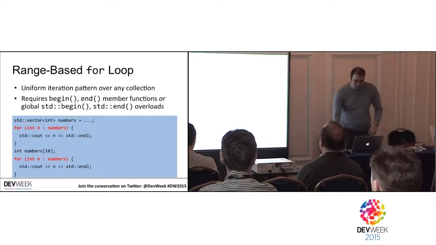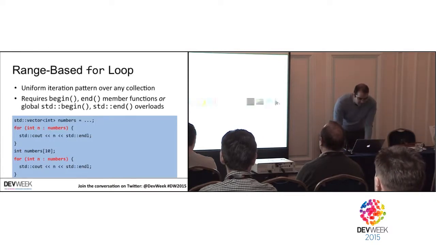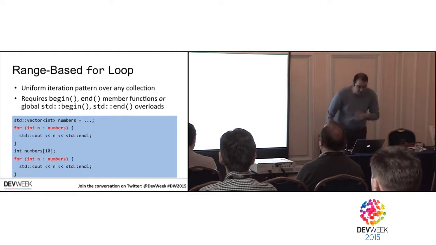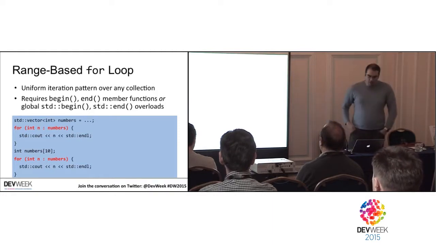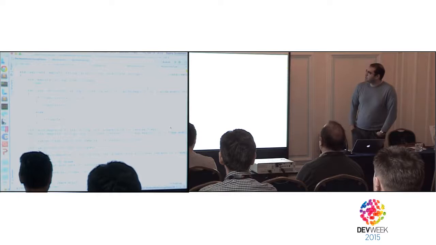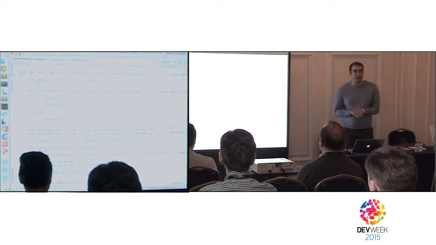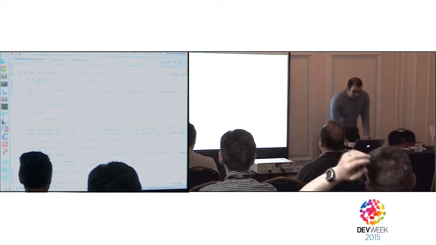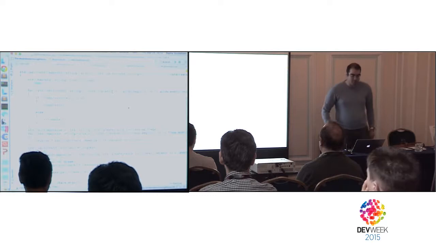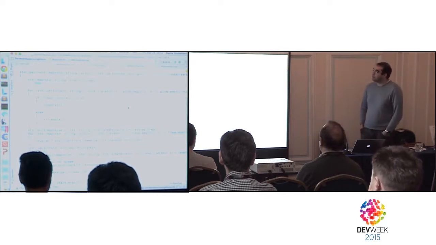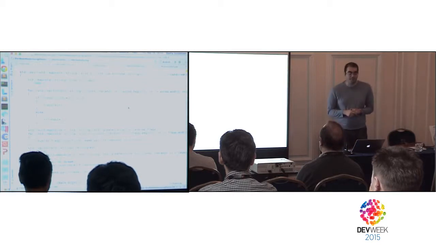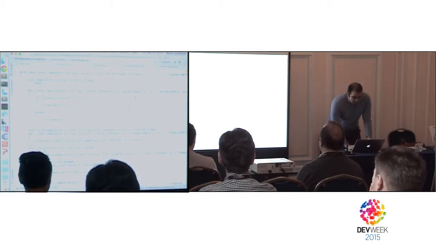Let me show you a quick example of how this can be used to simplify some code. Here are a couple of loops from a word processing program which use some pretty complex STL collections. For example, right over here, I have a for loop that takes a const iterator and goes over a vector of strings.